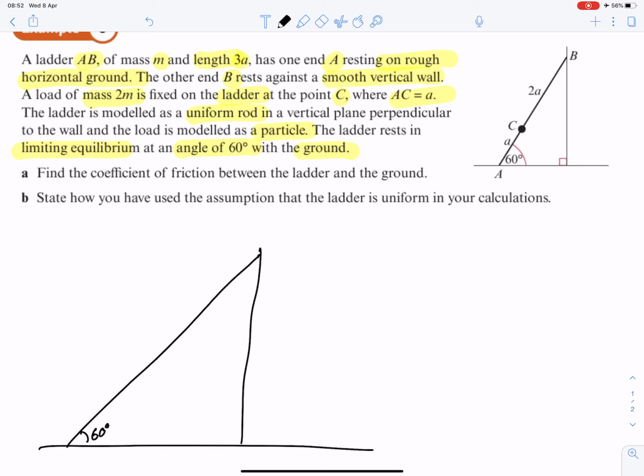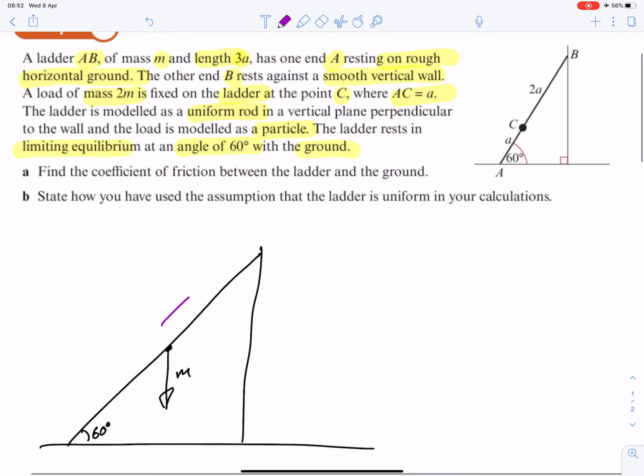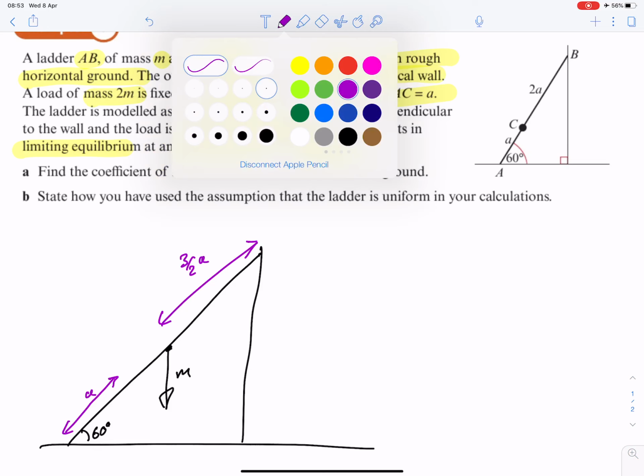So we've got our wall, and our ground, and our ladder at 60 degrees. We're told its length is 3A and it's uniform, so the mass is going to act at its centre. So we've got a weight acting down there. The mass of the ladder is M, and these lengths here then are 3 over 2A.